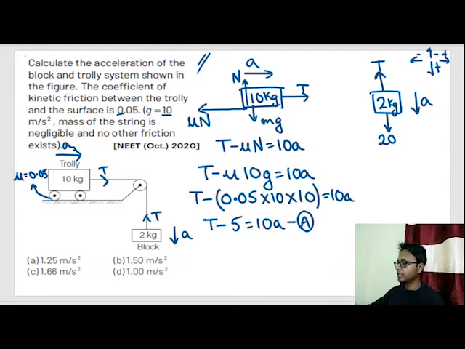Now let's check this free body diagram. Upward is negative, downward is positive. So 20 minus T is equal to 2a.